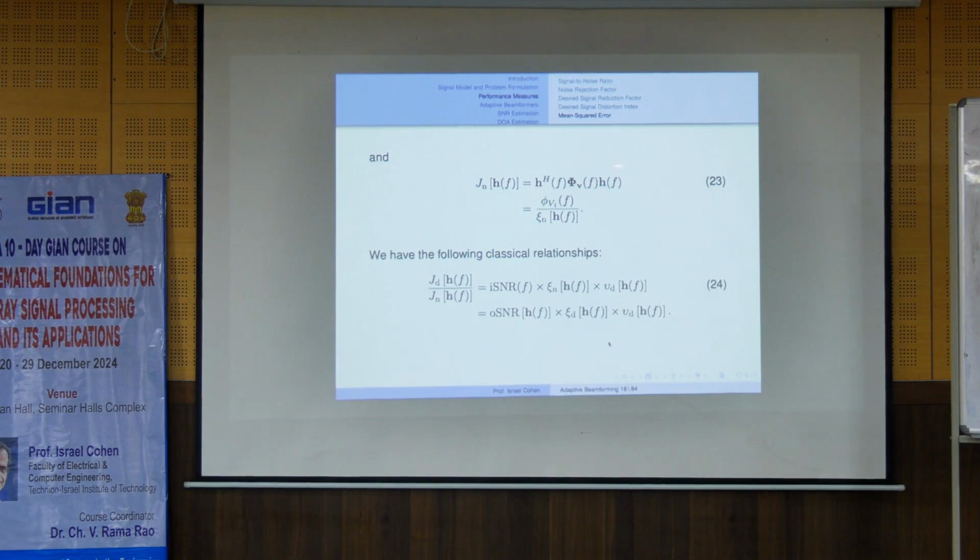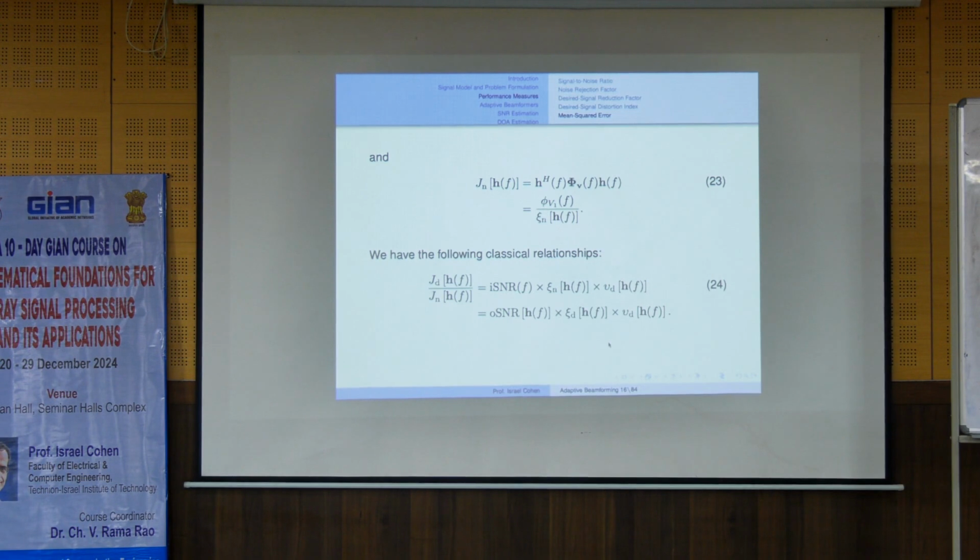The mean squared error of the noise is related to the correlation matrix of the noise. So this part is actually the variance of the residual noise. For fixed beamforming, we don't know the correlation matrix of the noise because we don't know the noise field. That's why we didn't define this variance of residual noise either. We can only define it if we assume a certain noise field.